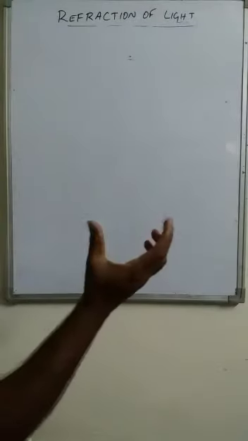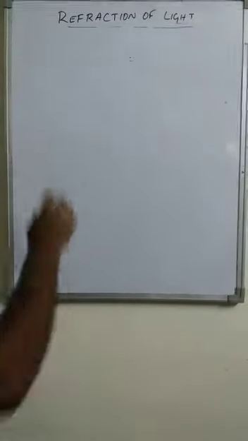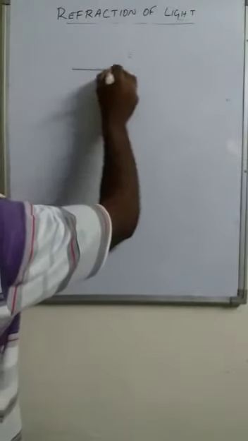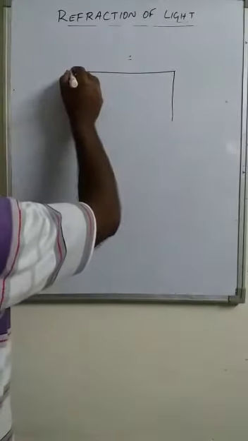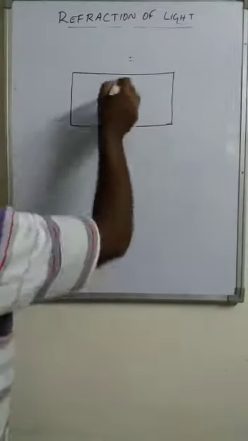If we put that transparent cuboid, that is glass, on this board, we are able to see only its rectangular face. It is a transparent material.